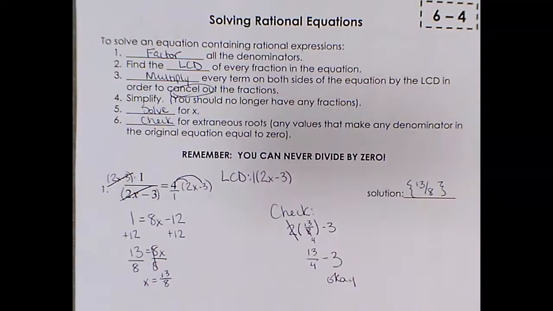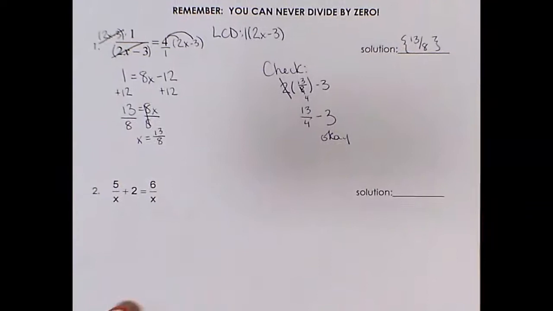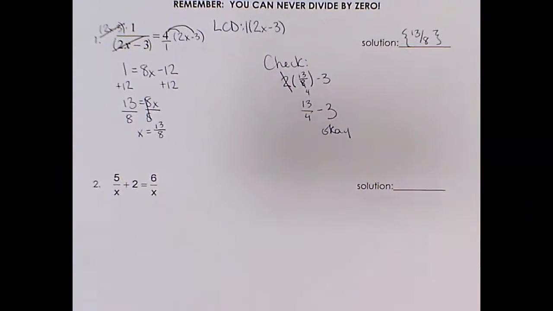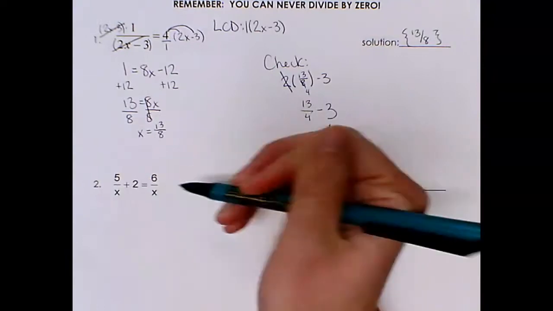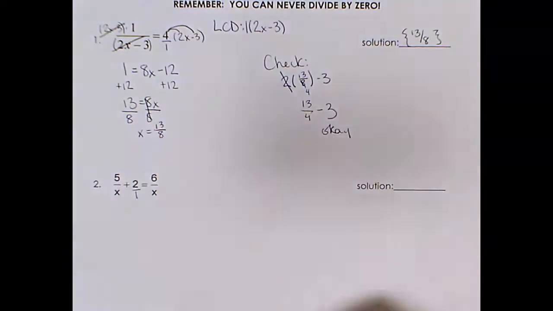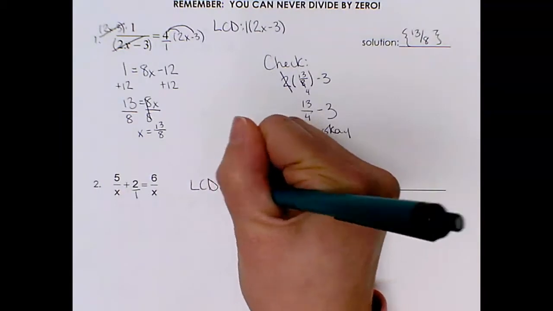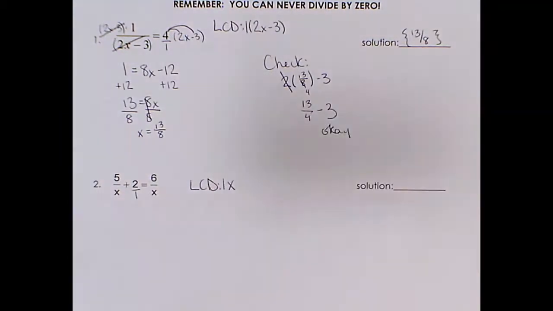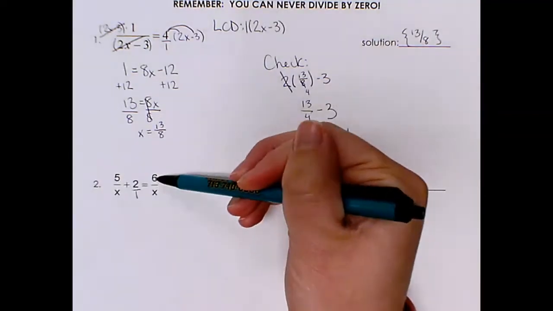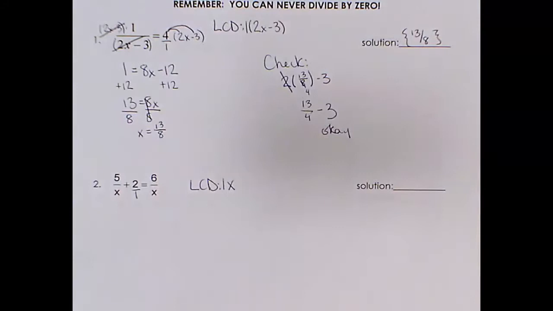So let's look at number 2. Number 2 has 3 terms. One has a denominator of x, the other one has a denominator of x. This has a denominator of 1. So my least common denominator has an x and a 1, so 1x. So I'm going to multiply all terms, 1, 2, 3, all 3 terms by x.